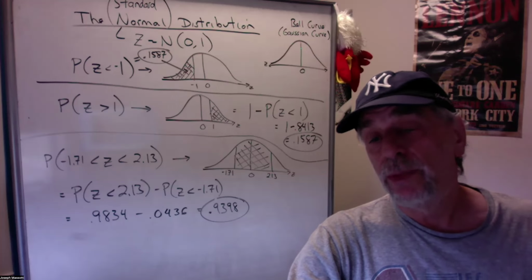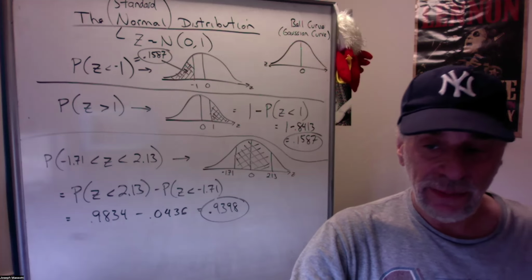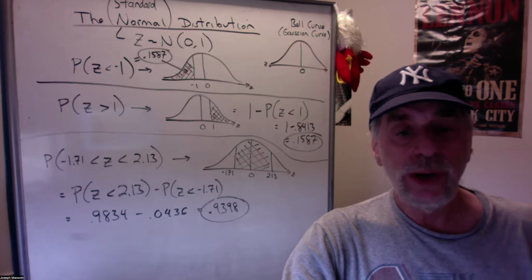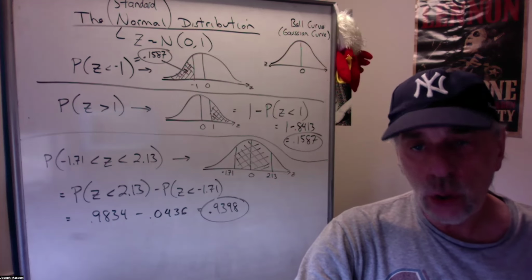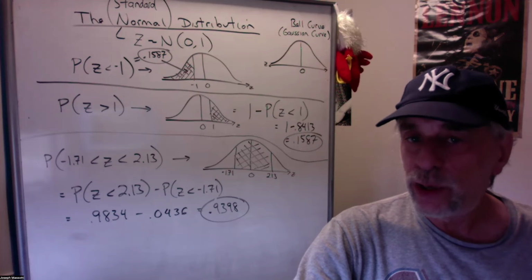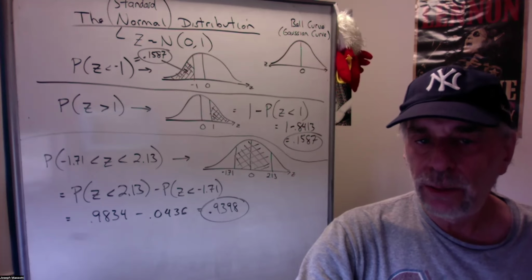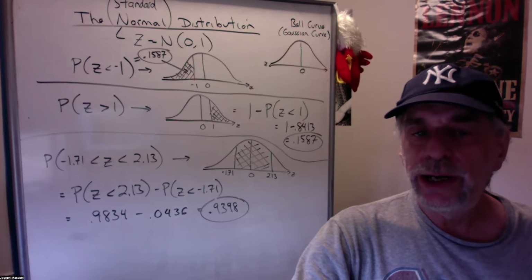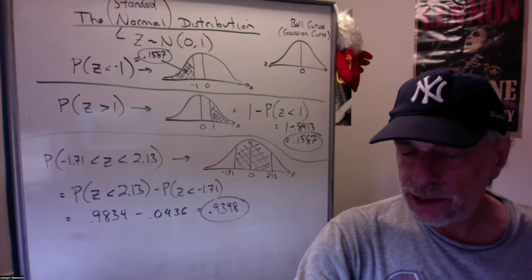Just like the probability that z is greater than 2.5 is going to be the same as the probability that z is less than negative 2.5. All right, so two ways to look at greater than questions. The less than questions, those are the simplest because that's the way the table is set up. You just look up the z value, the number in the body of the table is your answer. Greater than, you can either use the idea of symmetry or you can use the idea of complements to get your answer.